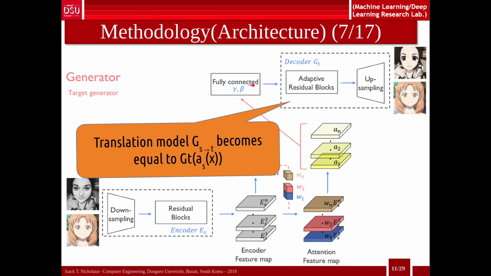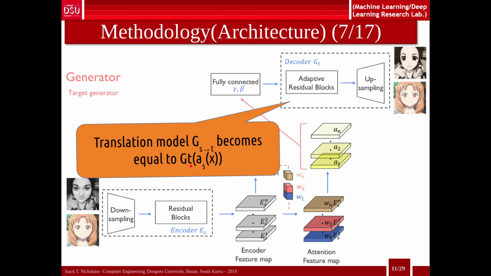So the fully connected layer will try to learn the gamma parameter as well as the beta parameter. These two parameters will be fed to the decoder and used by the adaptive residual network to do the actual mapping process. So our decoder here will become like this.